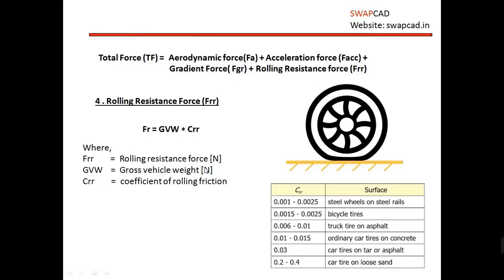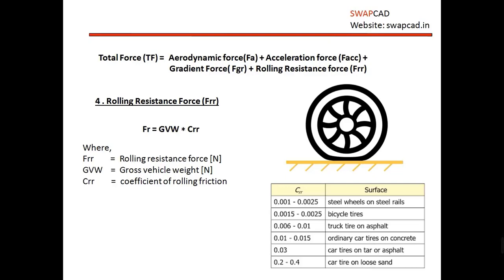On the right hand bottom side you can see if the surface is steel rails, it will have a CRR of 0.01 to 0.0025. Then for bicycle tires, if it's moving on the ground, it will have a CRR of 0.015 to 0.025. Similarly, for car tires, it has different CRR values.